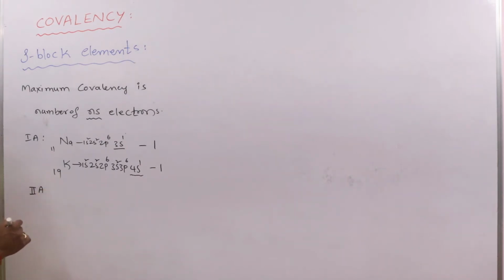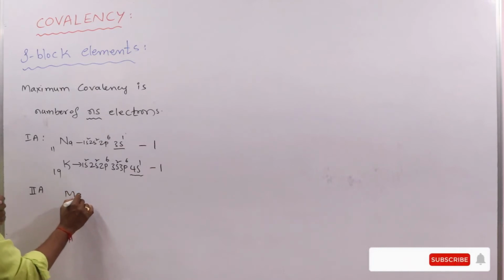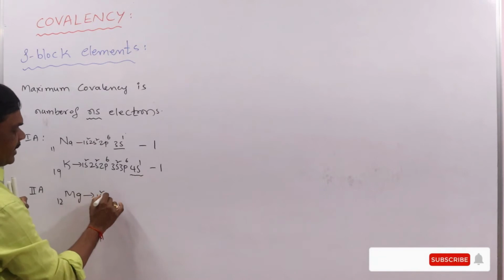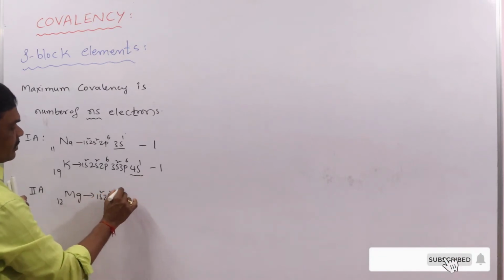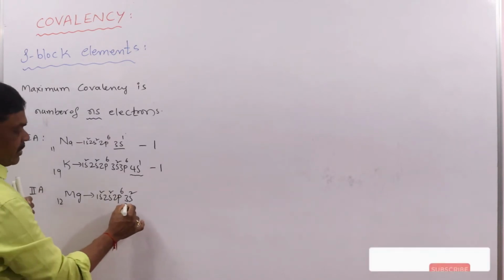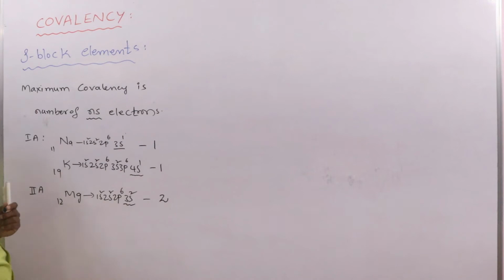Now second A group elements, that is alkaline earth metals. First I am taking magnesium: atomic number 12, electronic configuration 1s2, 2s2, 2p6, 3s2. This is the outermost electronic configuration. What is the covalency? 2.